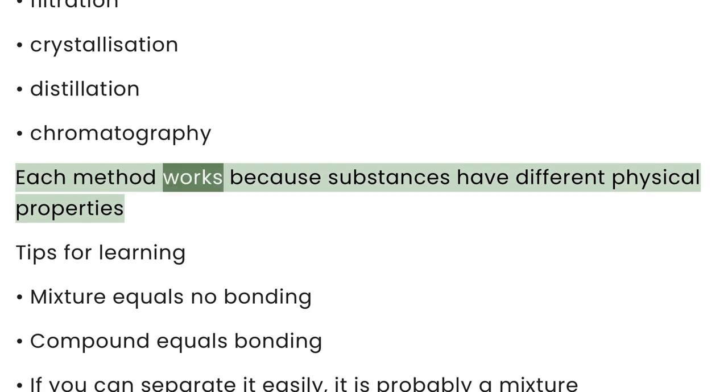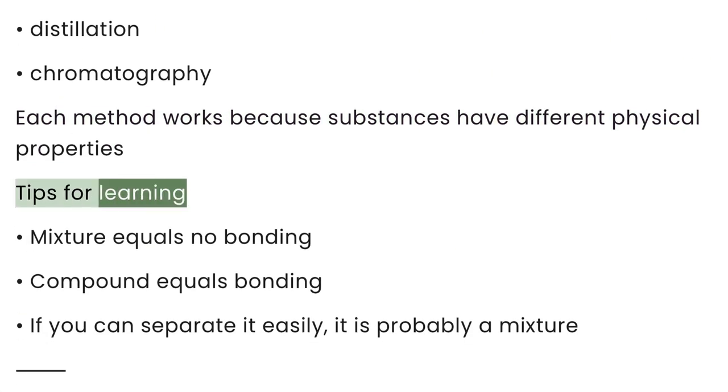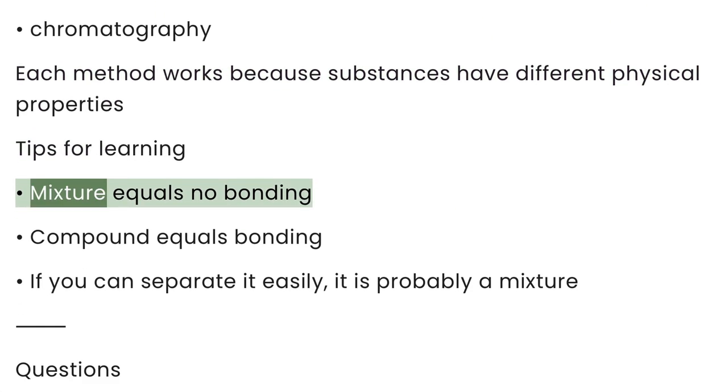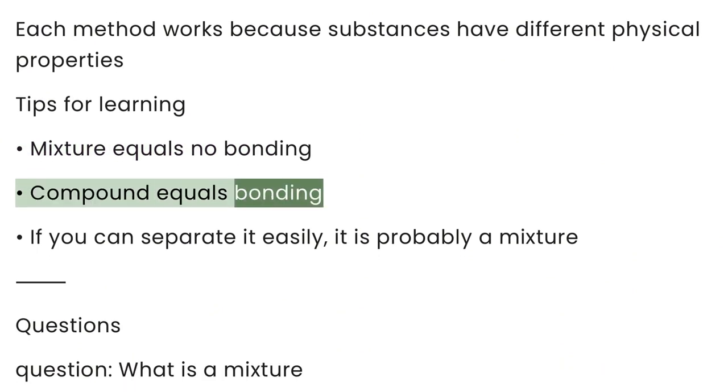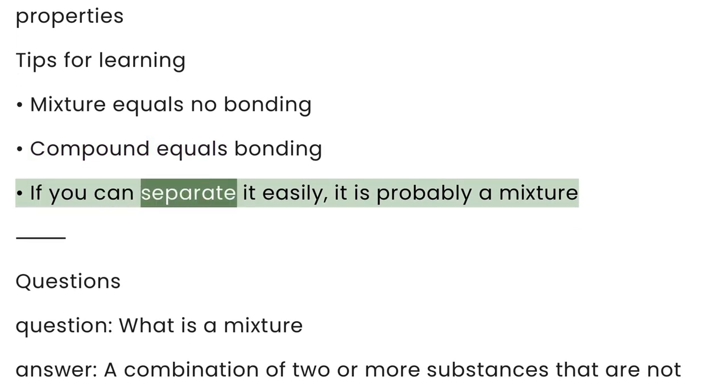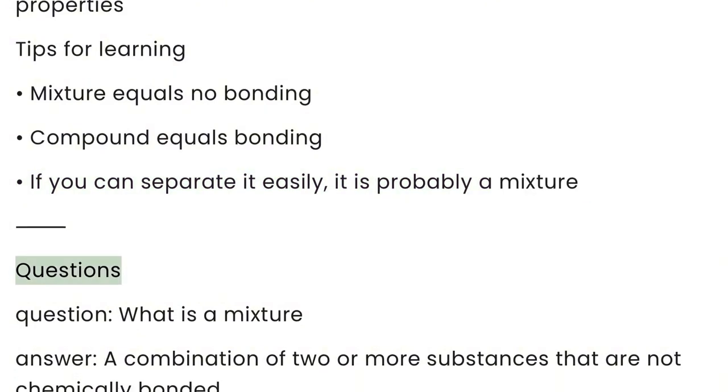Each method works because substances have different physical properties. Tips for learning: mixture equals no bonding. Compound equals bonding. If you can separate it easily, it is probably a mixture.